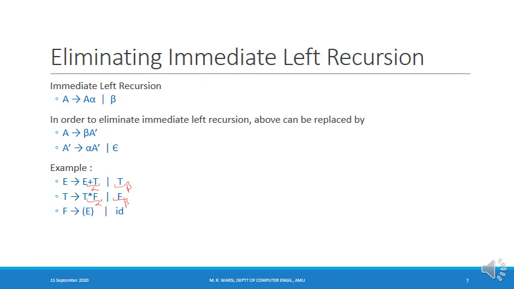Let me now modify the grammar and write the modified productions according to this pattern so that immediate left recursion gets eliminated. Modified productions are: capital E derives beta, which is capital T. I have to introduce a new variable. Let me call it E dash, and from E dash I have the production alpha, which is plus capital T, E dash, and another production is from E dash I am deriving epsilon.